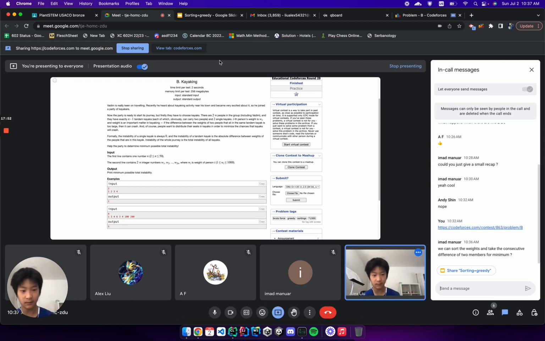Yeah, yeah. So, but then what do we do for the individual kayaks? Actually, first of all, I should ask, does this problem statement make sense? Because the first time I read through this, it was a little weird.